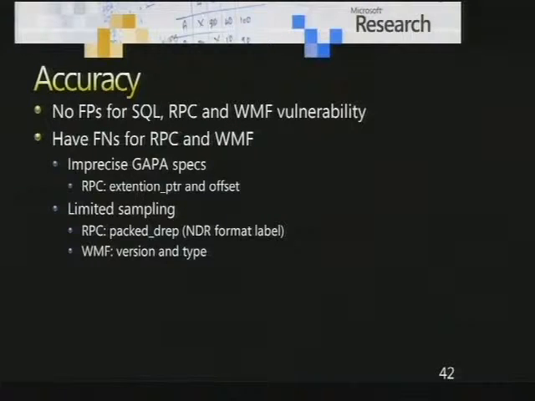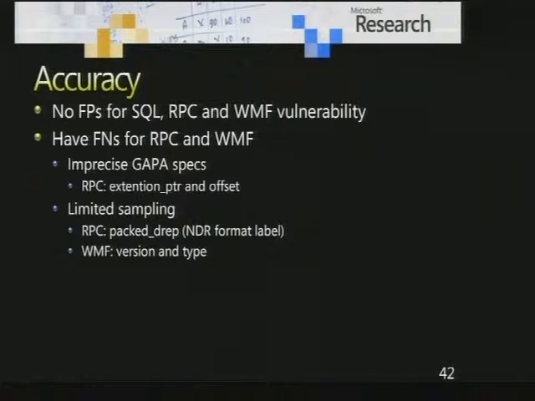The reasons are mainly twofold. First, we may have an imprecise data spec. If the data spec is not accurate or complete, then we may have false negatives. And second, we do sampling, so we may have false negatives. For example, WMF has two version numbers, and it's really hard to find the second version number simply by sampling.